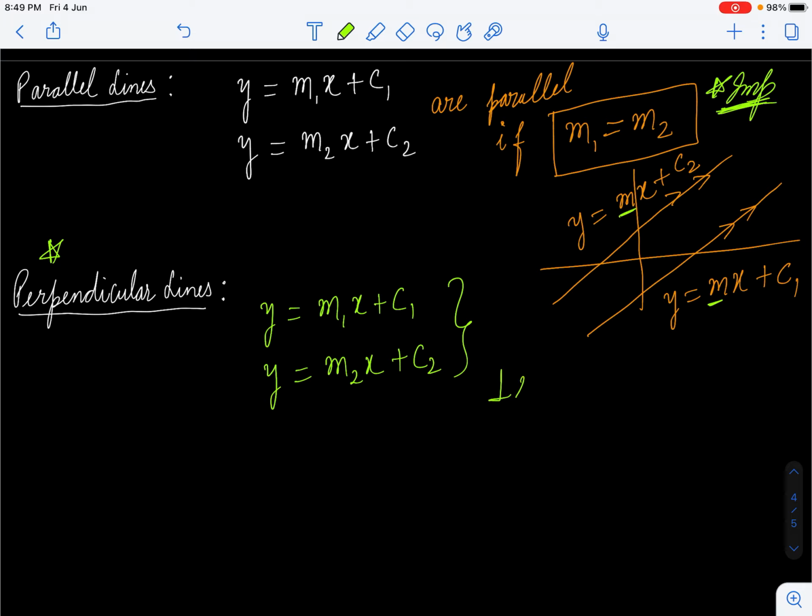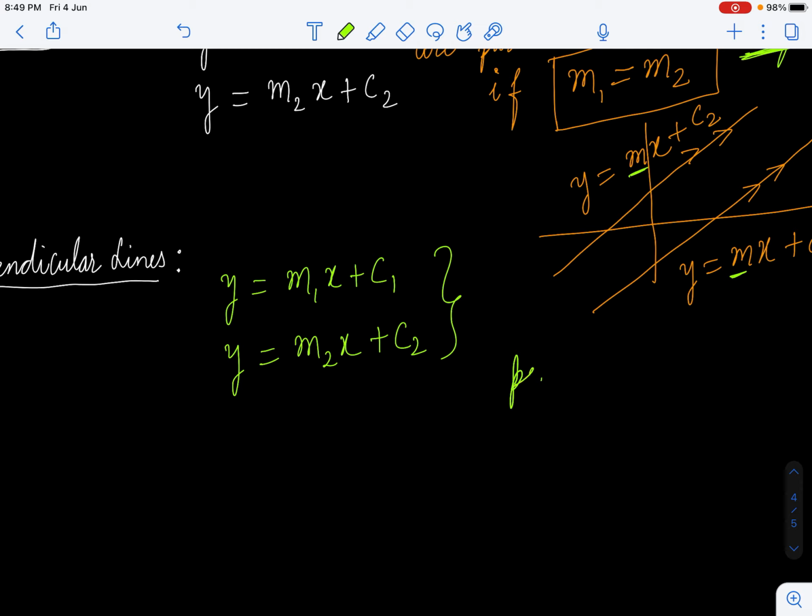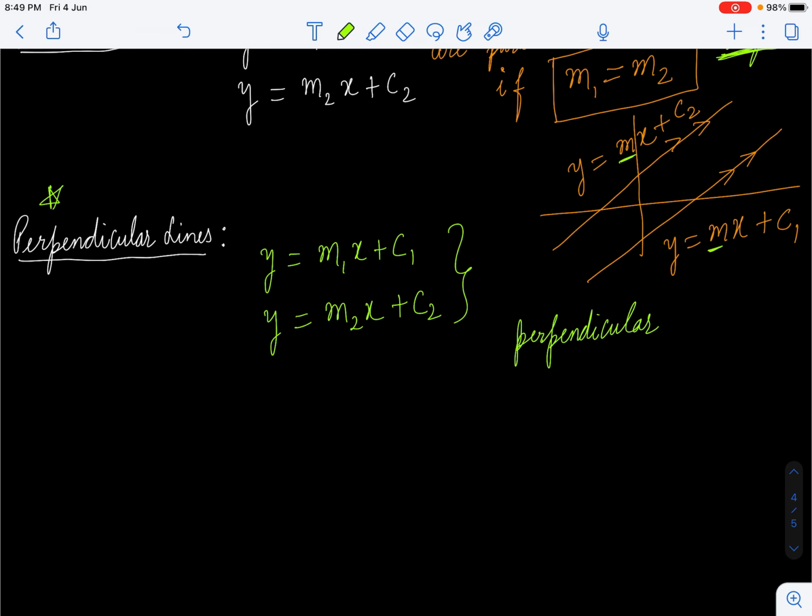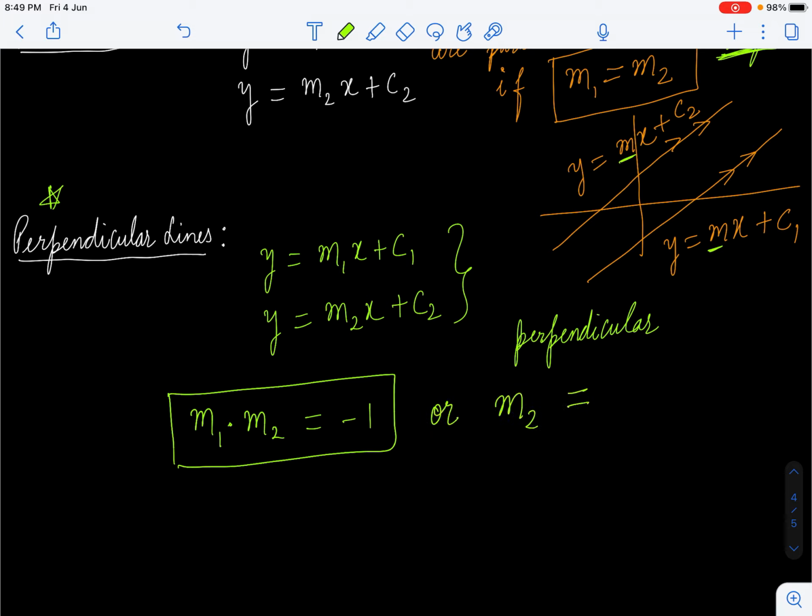If these two lines are perpendicular, then the product of their gradients should be minus 1. Or sometimes we write the same thing as the gradient of one line should be the negative reciprocal of the other gradient. So sometimes we write it like this also. Both are the same.